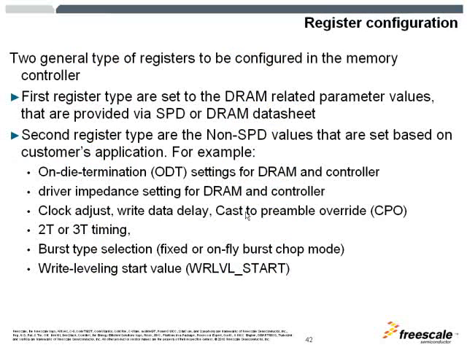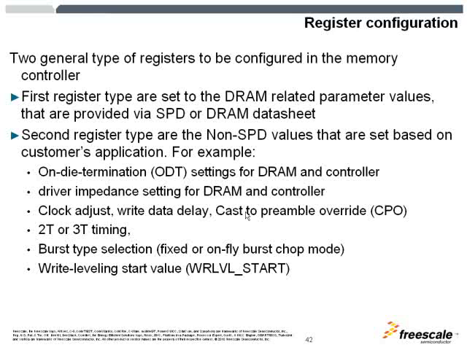Then the second group of registers that you can program are non-SPD, whereby you are providing information to the controller to tell it to manage certain aspects in different ways.